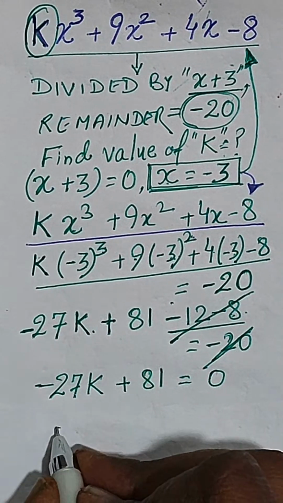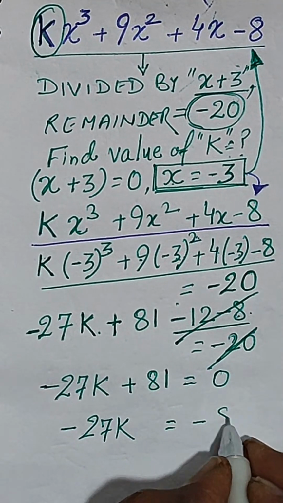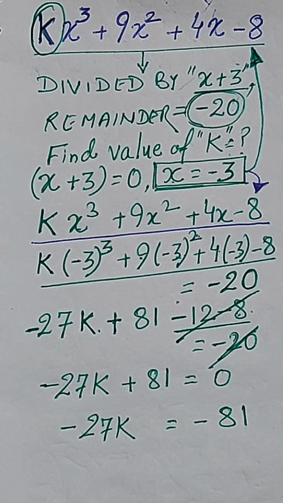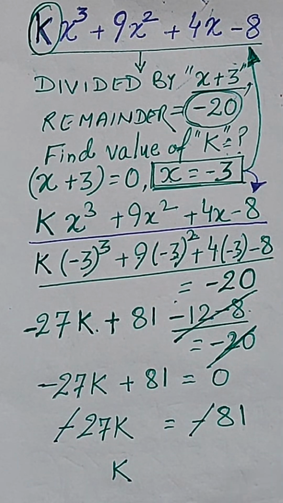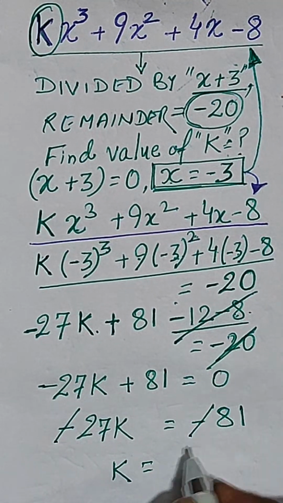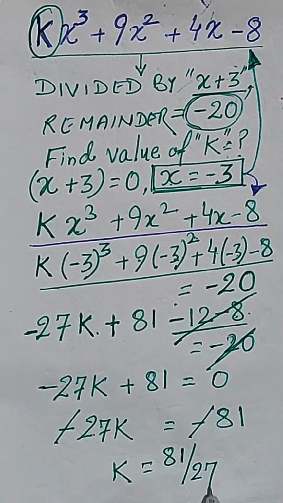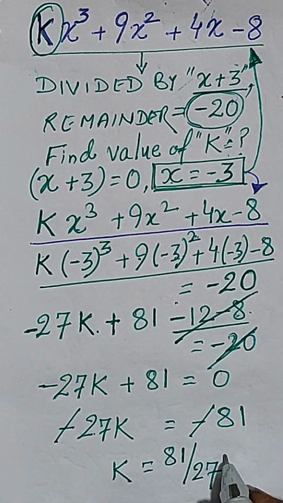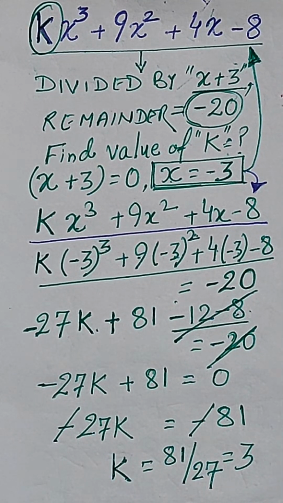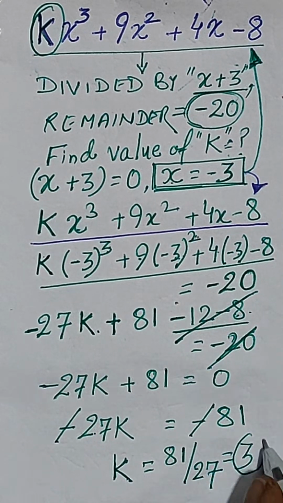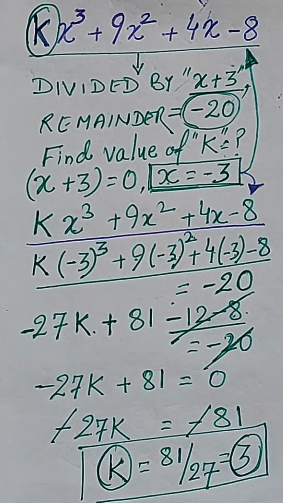And this will give you minus 27k as equal to minus 81, and minus and minus will be cancelled out, and the value of k will be coming as 81 divided by 27, and this is clearly coming as 3. So the value of k is calculated as equal to 3. This is your answer.